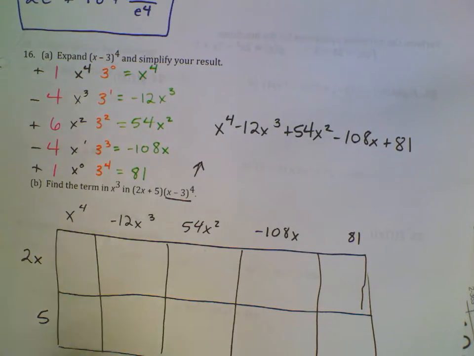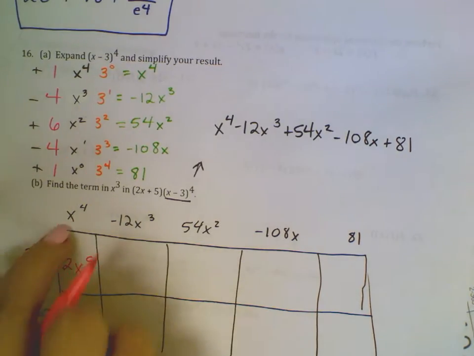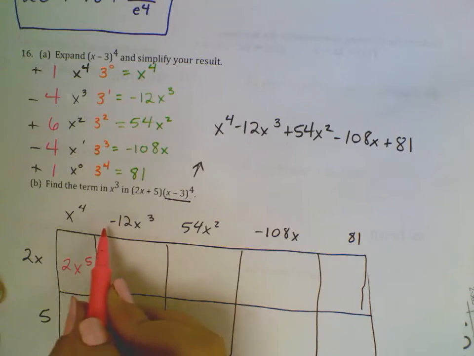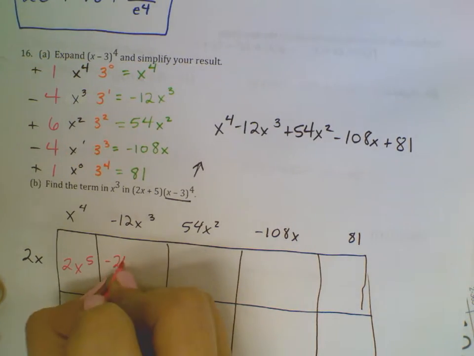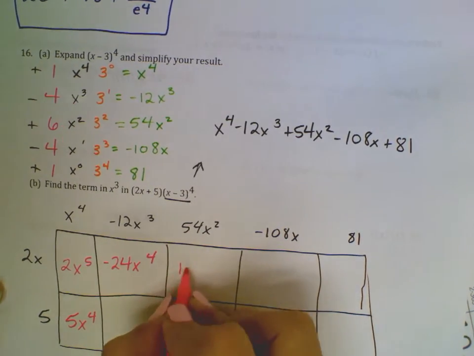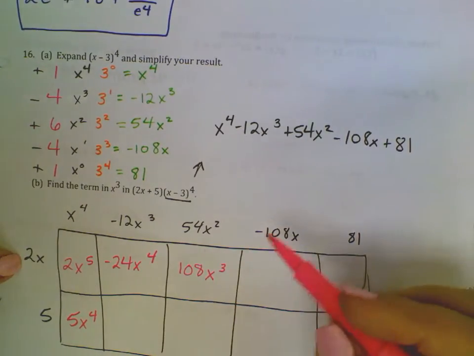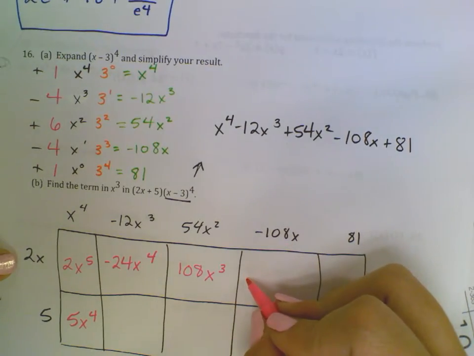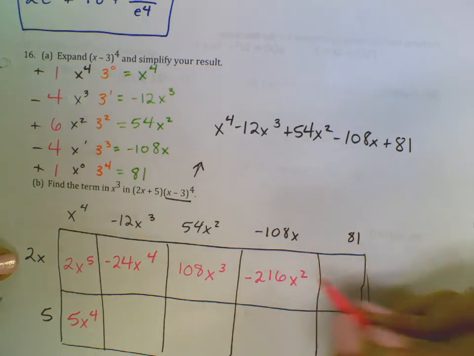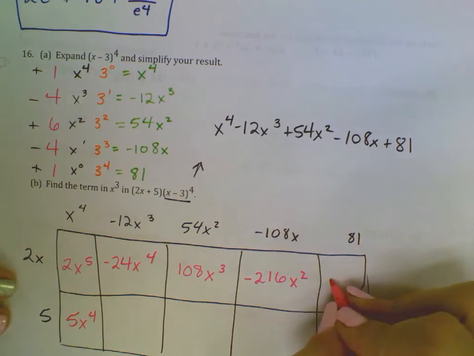Then, x to the fourth times 2x is 2x to the fifth. x to the fourth times 5 is 5x to the fourth. 2x times negative 12x cubed will be negative 24x to the fourth. 2x times 54x squared will be 108x cubed. 2x times negative 108x will be negative 216x squared. 81 times 2x will be 162x.